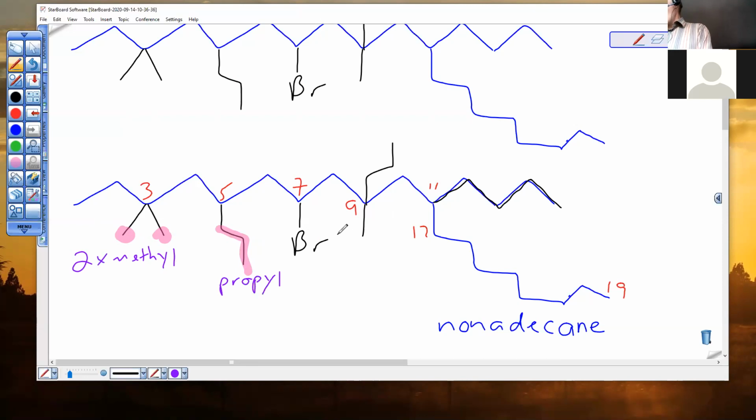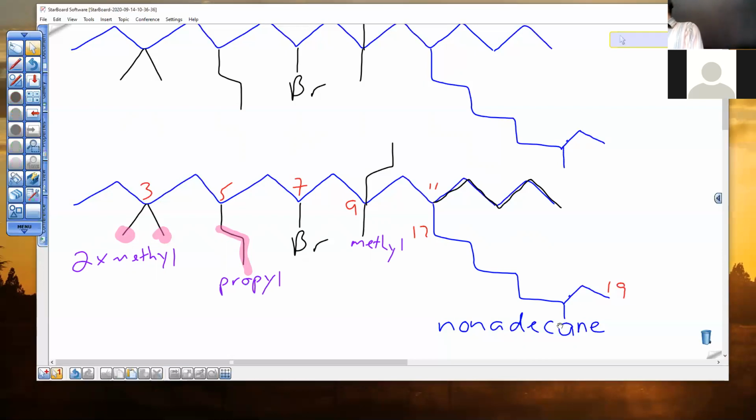We'll skip the bromine for a second because I haven't talked about those yet. But I believe I see another methyl here. And I remember I promised I would edit the question to make it even better. I'm going to throw another methyl in here and pretend it was there all along, right there, and right there.